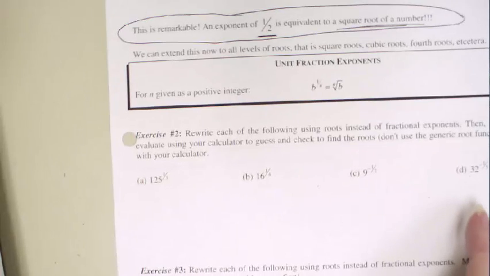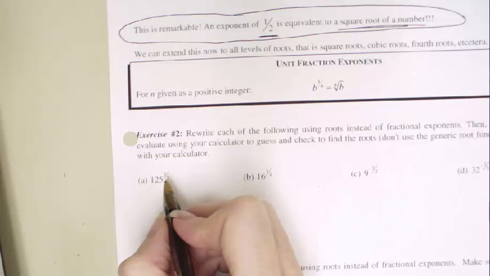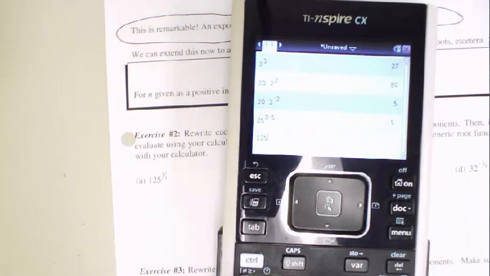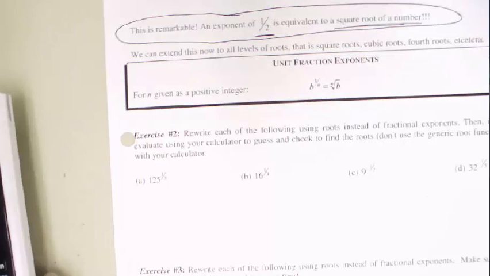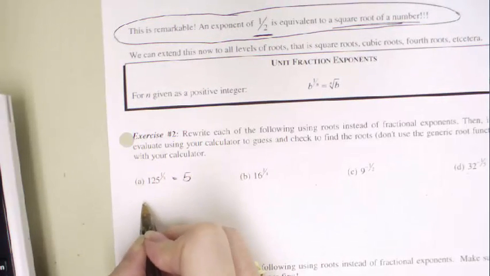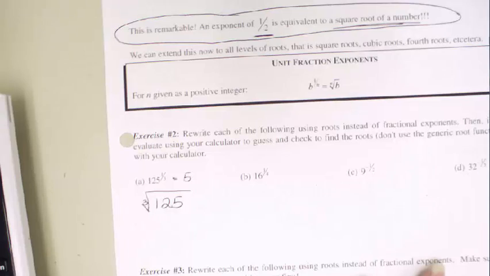So down here, the 125 to the 1/3. You can type that right in here, 125 to the 1/3. And I get 5. What happened is that I took the cube root of that.